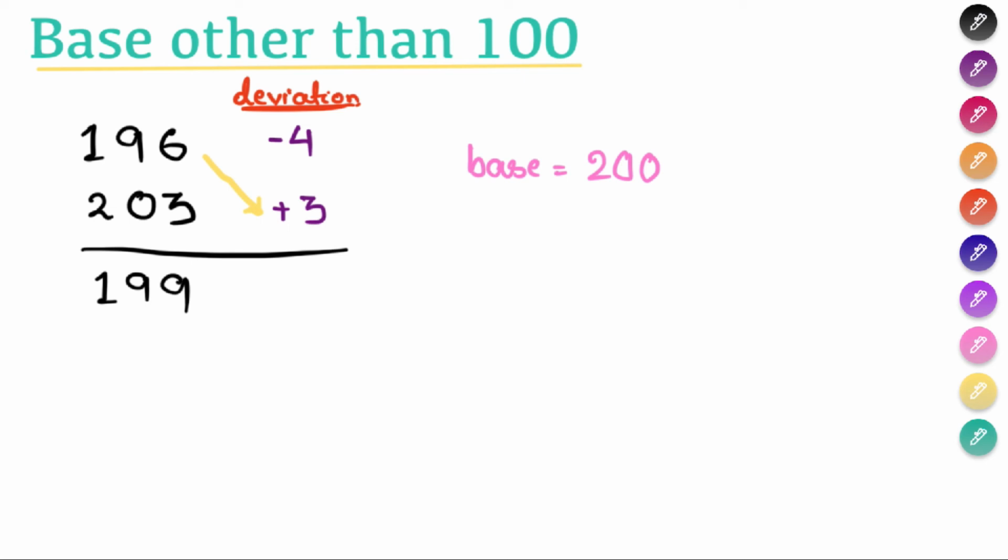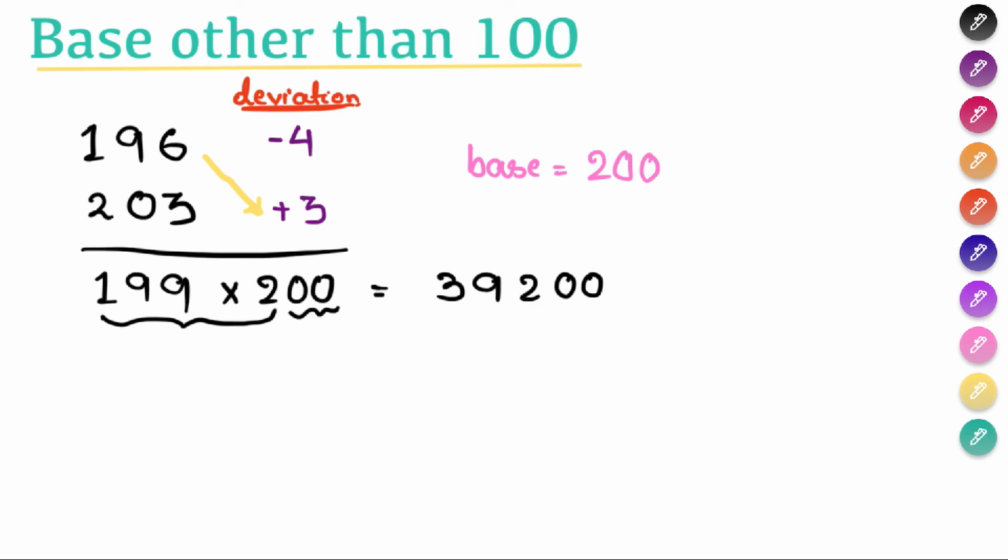Can we multiply it? Yes, we can. These two zeros are copied to the answer side as they are. We simply have to multiply 199 with 2 and we get 398.